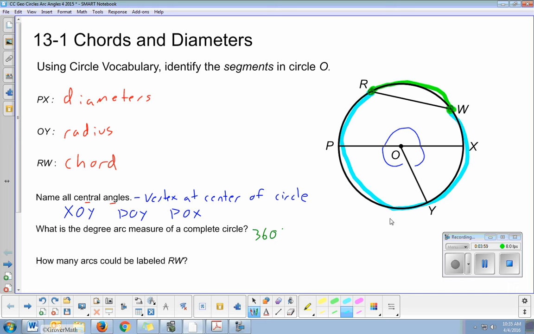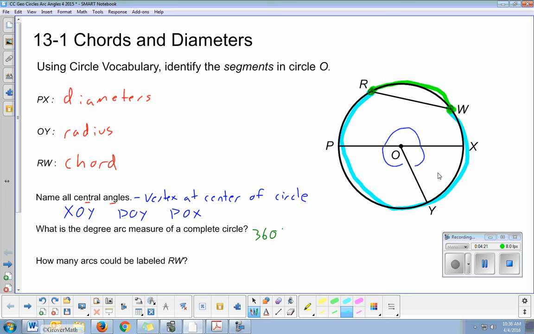Now, we wouldn't really refer to that as arc RW. We would probably call it RPYXW. But the point is, there's sometimes referred to major and minor arcs. Basically, the minor arc is the smaller one, and the major is the larger. So this green arc here that I put, that would be minor arc RW. And this whole thing then would be major arc RW.